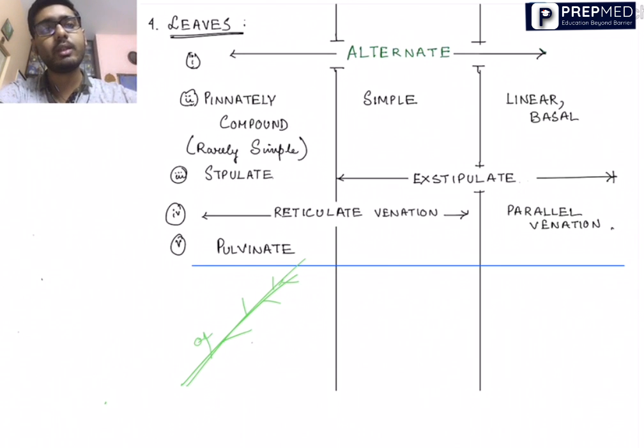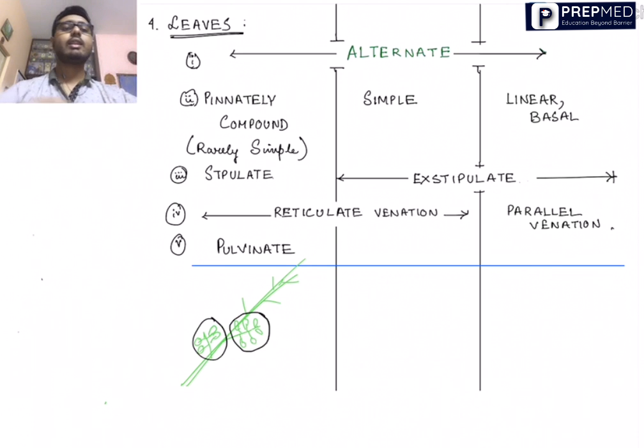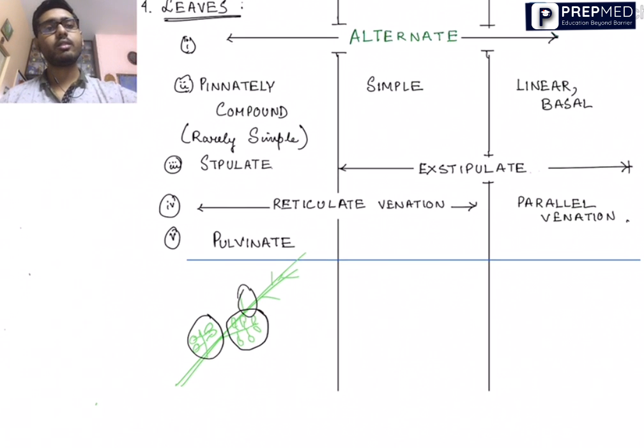So this is a pinnately compound leaf. Schematic diagram of a pinnately compound leaf. So this is actually a whole leaf. This one is a whole leaf. This is another one. So as you can see, they are alternately arranged.